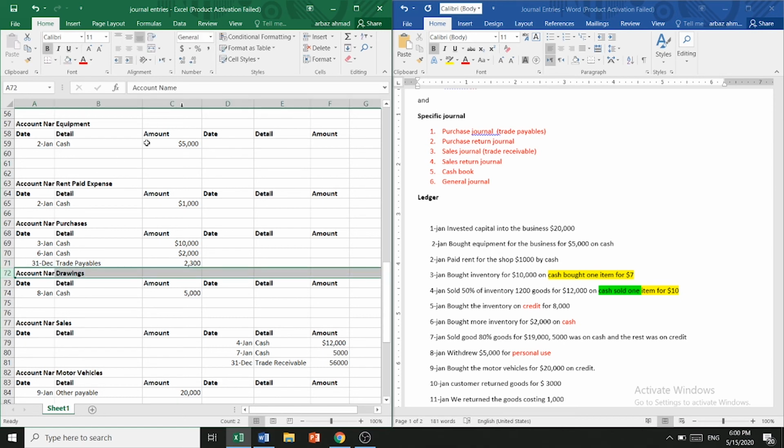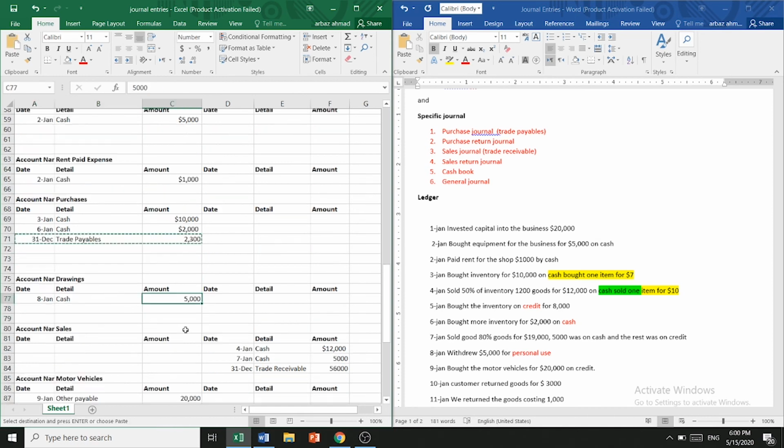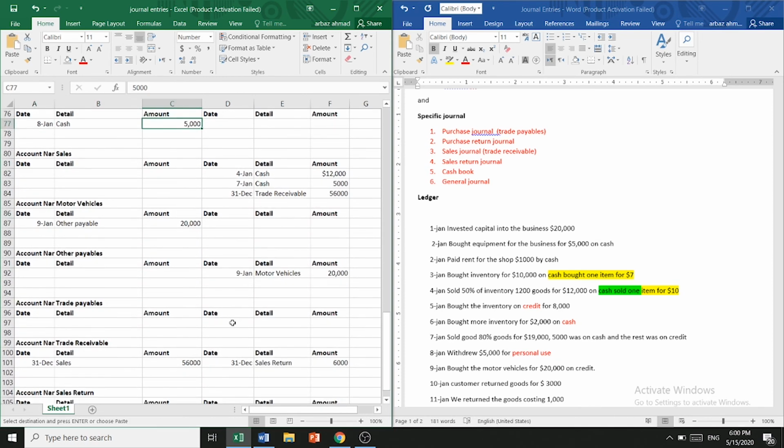I'm going to post the same thing into trade payable, but not other payables. So this is going to be purchase, the corresponding account.